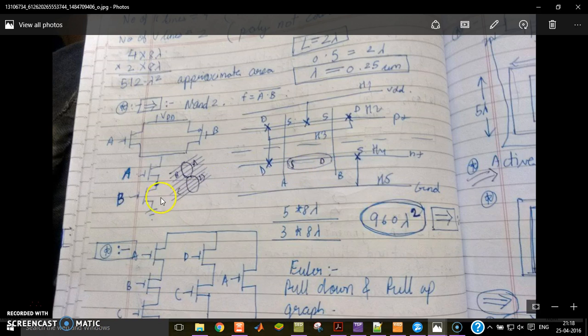The other thing is that the source of B is connected to ground. So if you look at this, the source of B is connected to ground here. So all these connections out here are done.